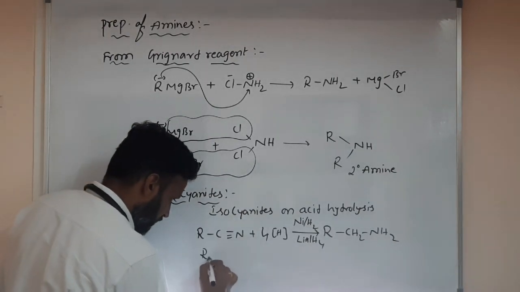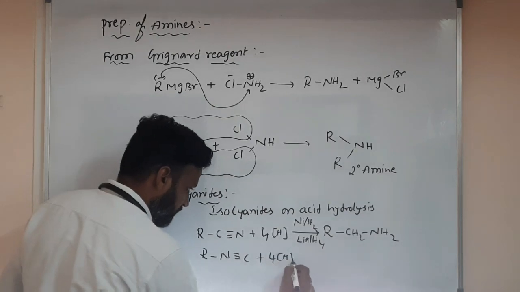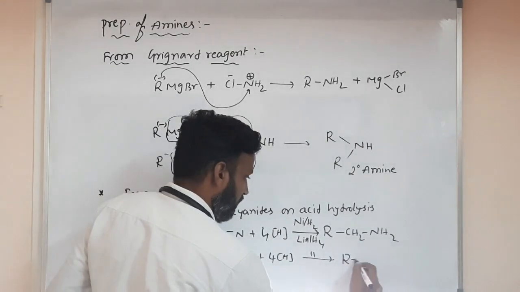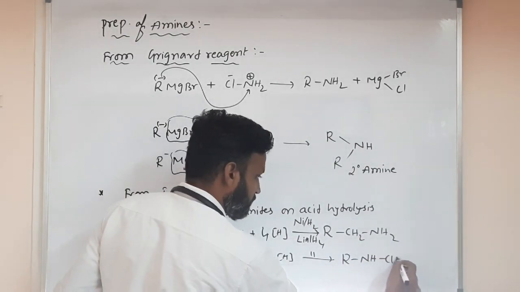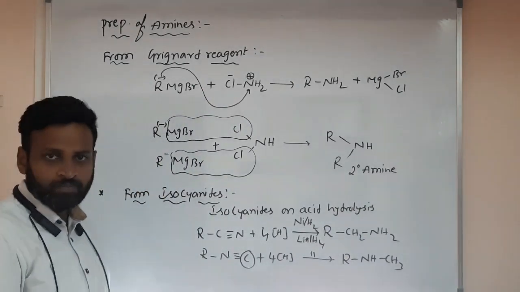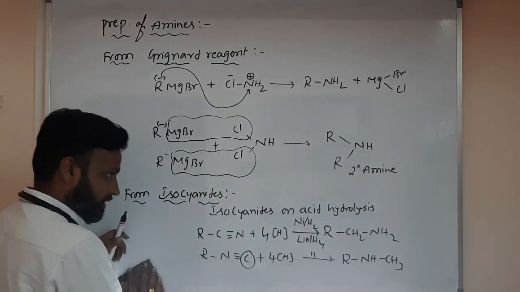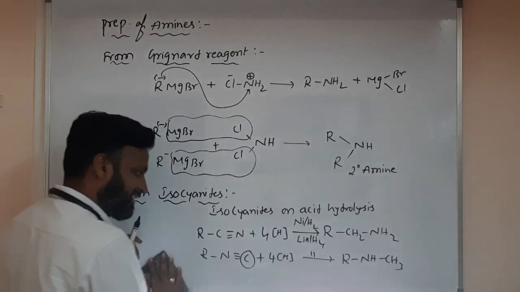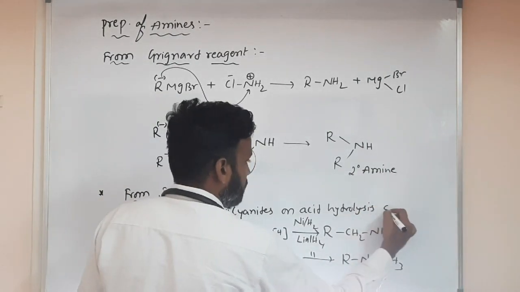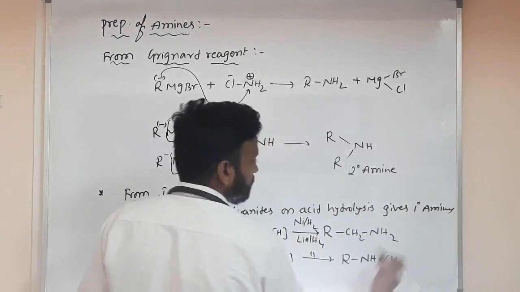If you use R-N triple bond C with the same hydrogens and the same reducing agent, then you will get R-NH-CH3. So isocyanides on reduction give a methyl group outside: this carbon becomes methyl and this becomes NH.